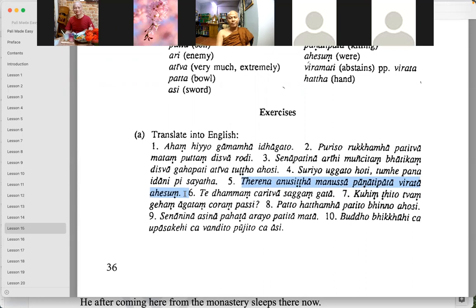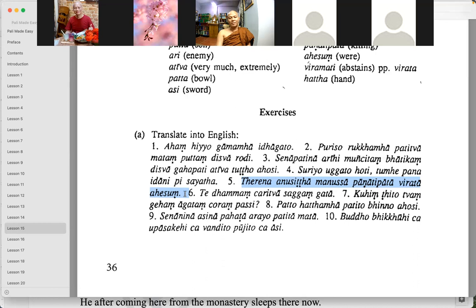Okay, Hado. Yes, Bante, I will try. For number 5, first of all, the nominative case is manussa in plural, so we call it men or people. Therena is instrumental singular from thera, so I translate it as by the elderly monk. Anusittha is the past participle of anusasati, aligned with the nominative manussa.